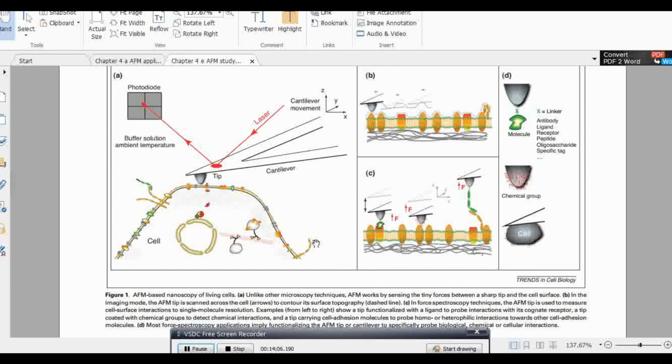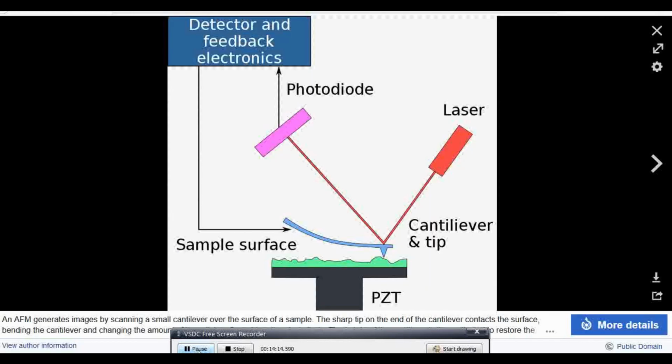So two examples have been given for the AFM system, which you can explore further. One is on the scaffold, another is on cell engineering. There are many other applications in biomedical engineering, such as tissue and cell engineering, and also in food science and food technology.